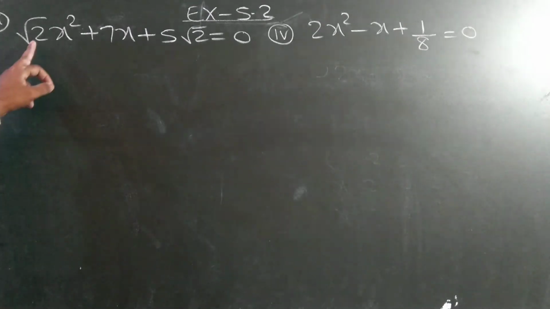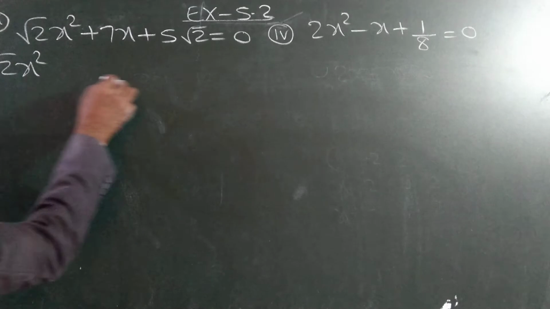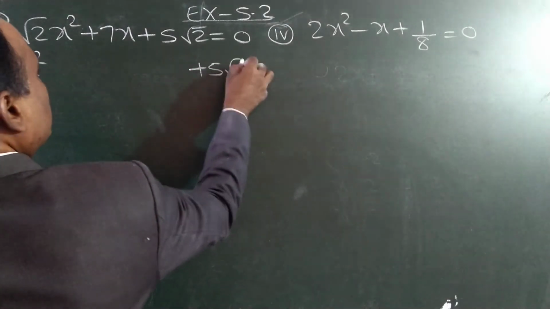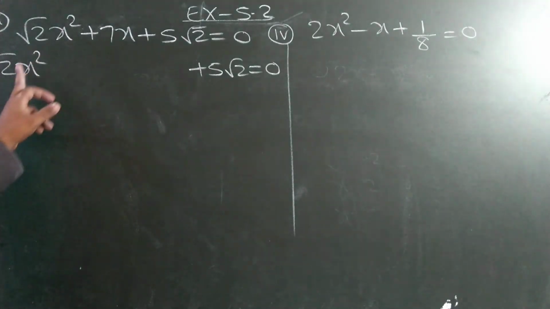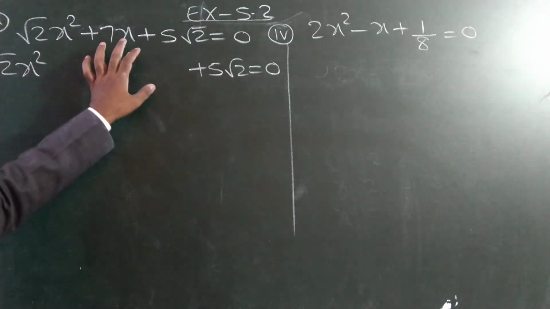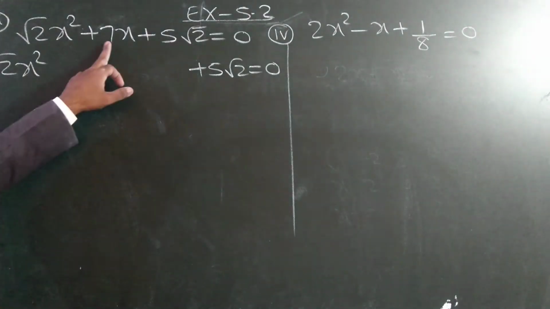Students, first one same, last one same. This middle term should be written in the form of two numbers such that the sum should be 7.